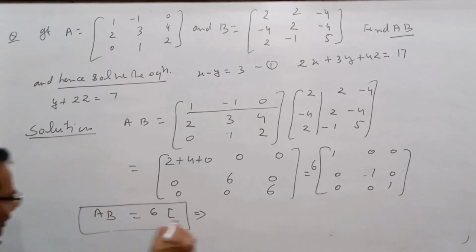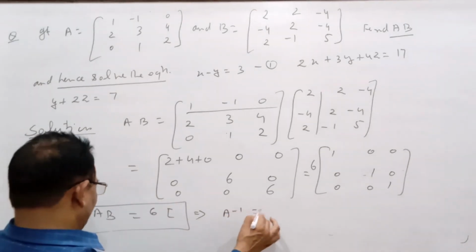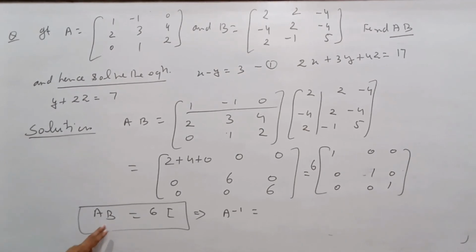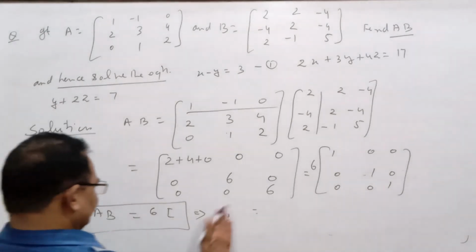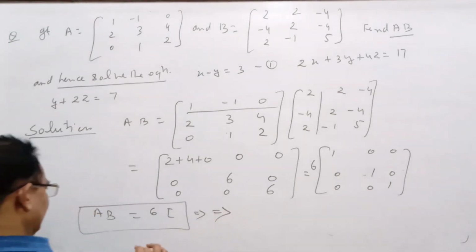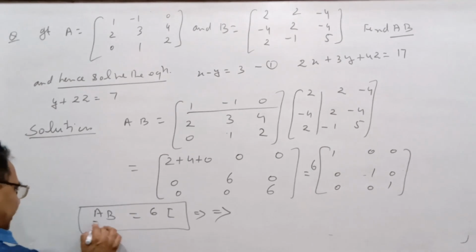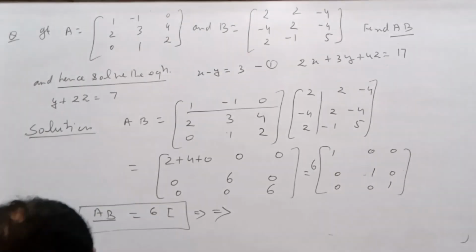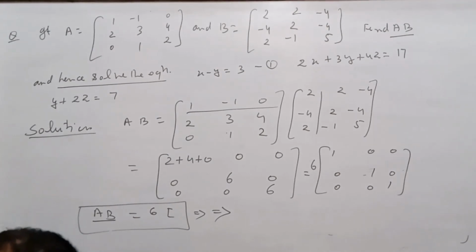तो this implies that अगर हम यहाँ देखें, here A inverse, then what is the value of AB? This implies that the product of A and B is equal to 6I.